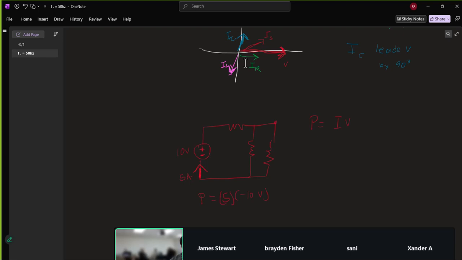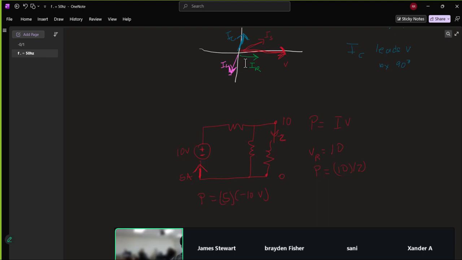If over here this was 0 and this was 10, and my current going through here is 2, then on this resistor, the V across that resistor in the direction of this current is a positive 10, and so that power would be 10 times 2.